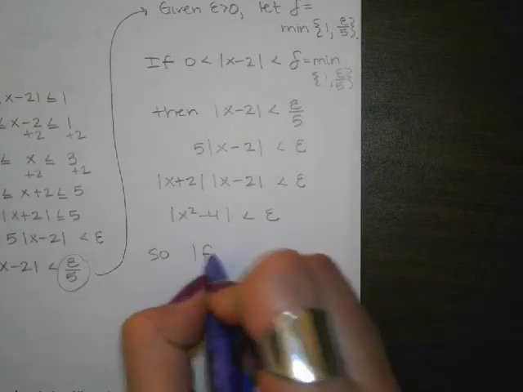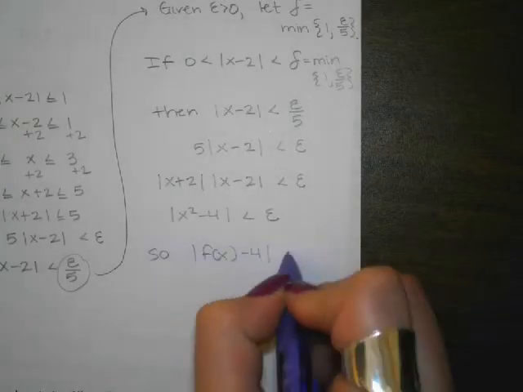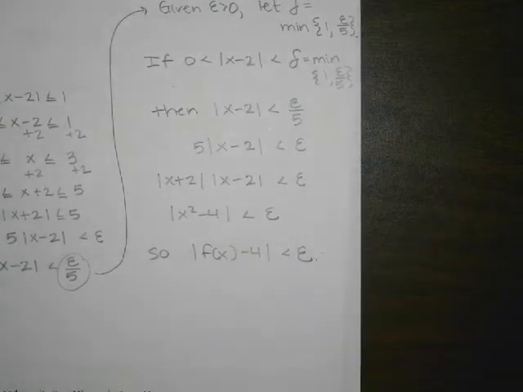So f of x minus 4 is less than epsilon, and our proof is done.